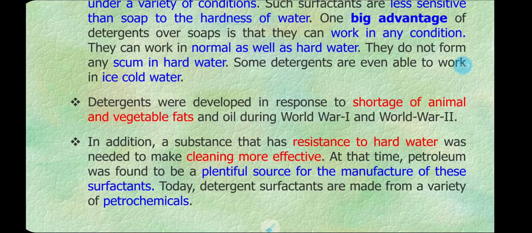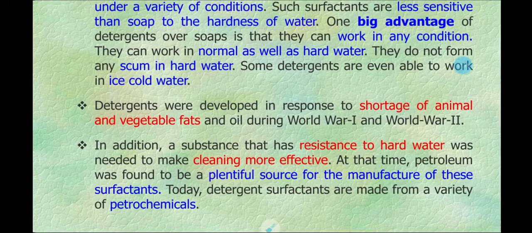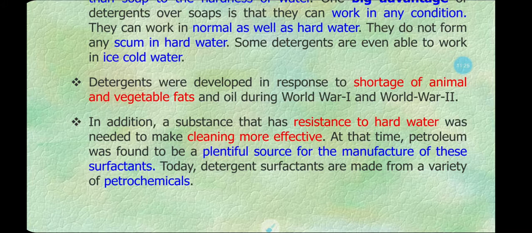Detergents were developed in response to the shortage of animal and vegetable fats and oils during World War First and World War Second. In addition, a substance that resists hard water was needed to make cleaning more effective.